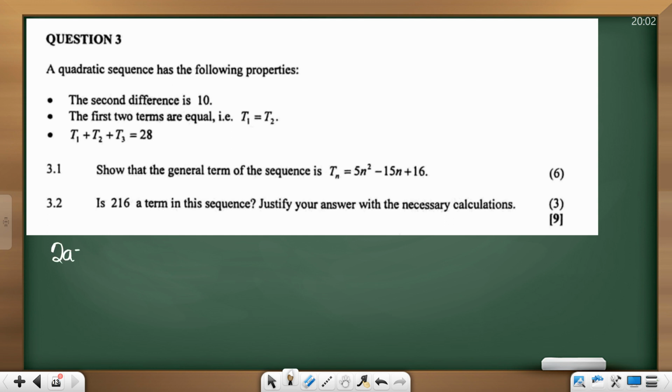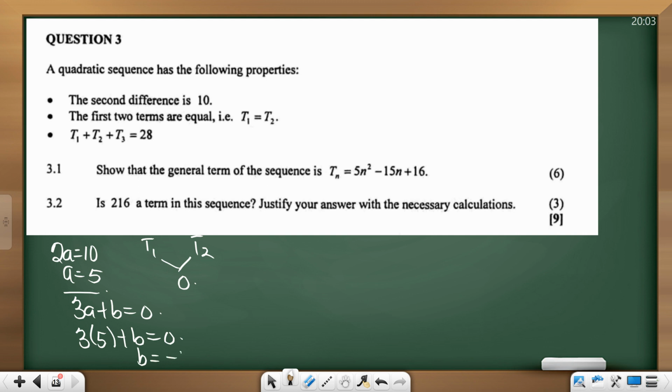A is equal to 10. The first two terms are equal. A plus B equals 0. Divided by 5 plus B. What is B? Negative. Right? The last one, the C, is the problem. But we know T1 plus T2 plus T3 equals 28.